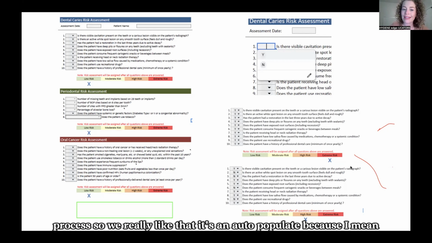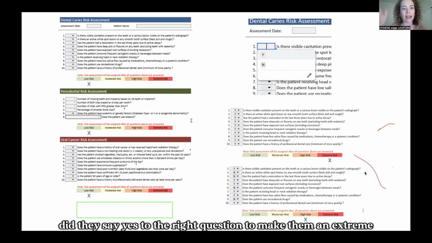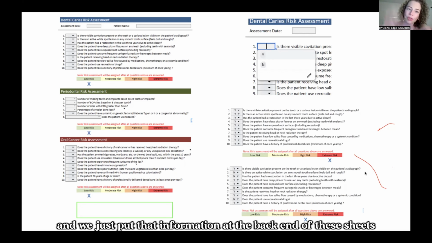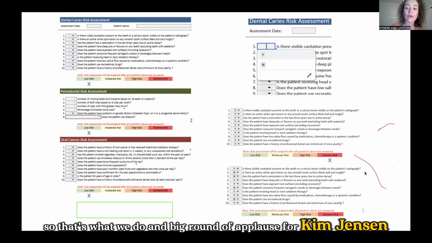We really like that it's auto-populate because, I mean, math is an important skill. I don't want to poo-poo on math. It's a really important skill, but how to tally, or did they say yes to the right question to make them an extreme? And we just put that information at the back end of these sheets, and then it will auto-populate for our students. So that's what we do.